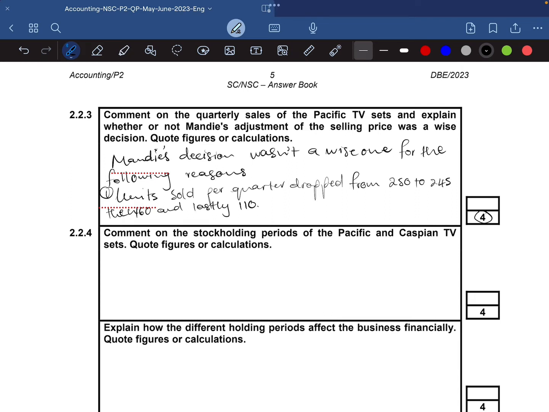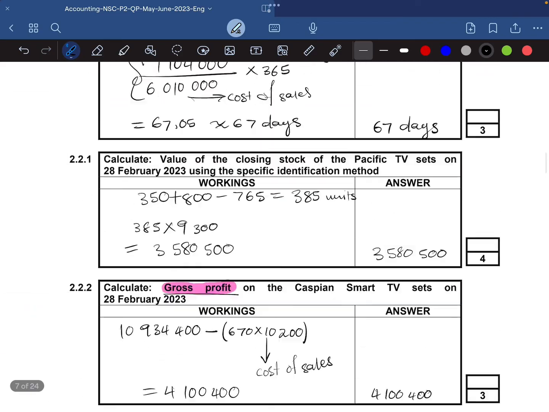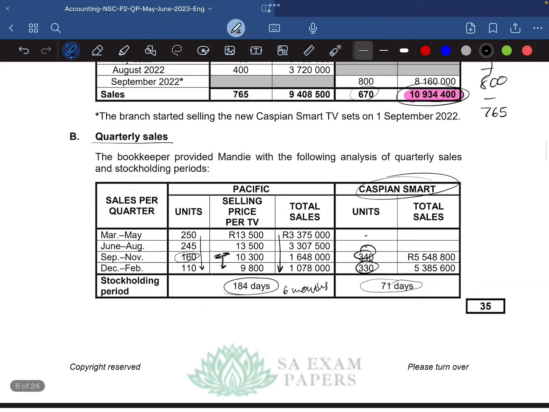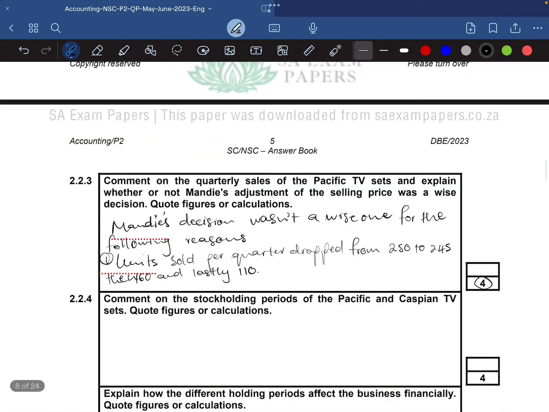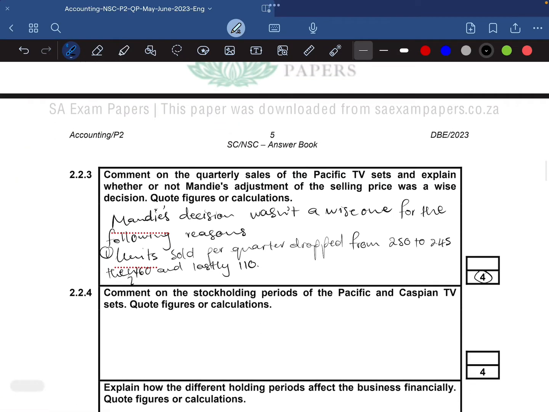And then what you can also say is that, because we were talking about the units, you can also talk about the total sales. Number 2, total sales have declined in each quarter.